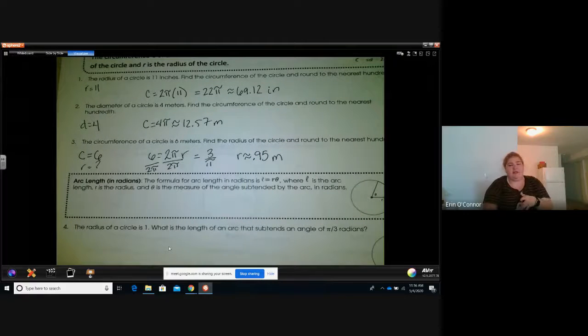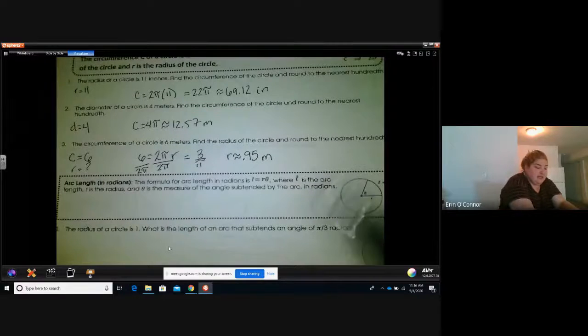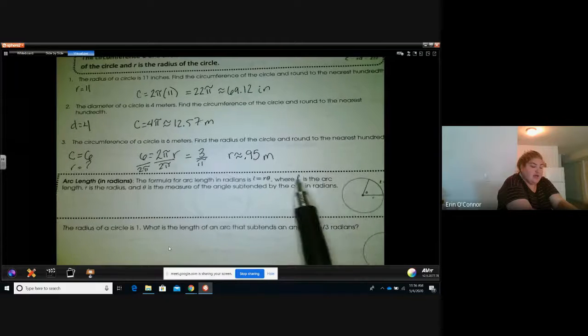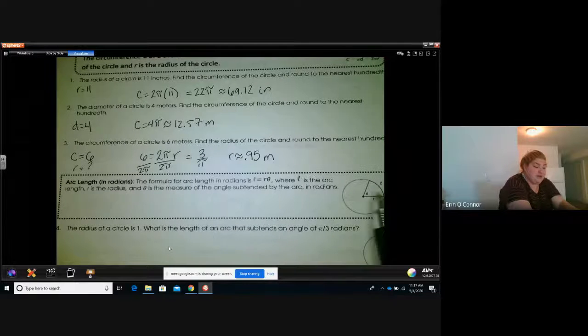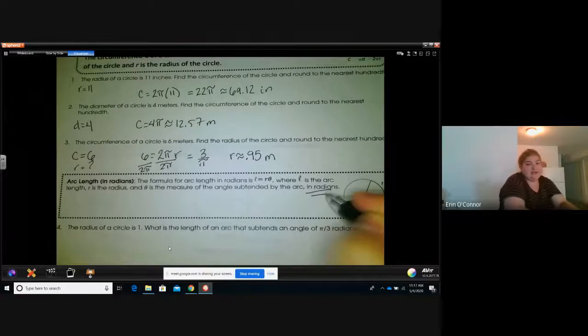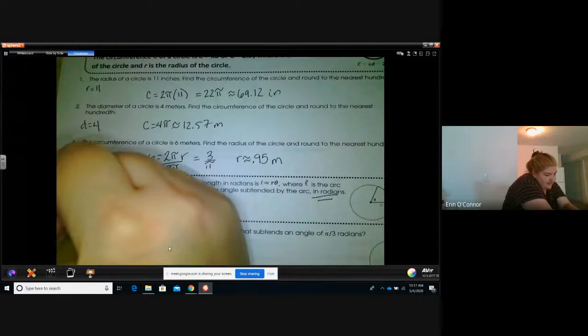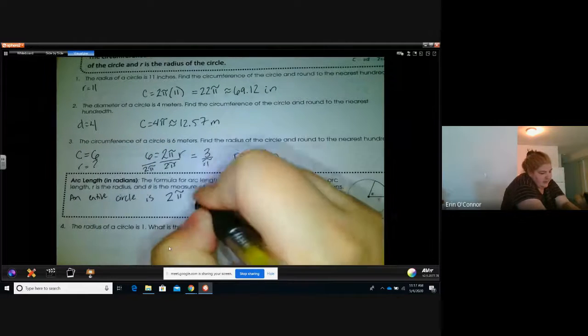So I know you've probably done circumference before, but I just wanted to review that. Now, arc length in radians. The formula for arc length in radians is the length, or L, is equal to radius times theta, or our angle. Now, L is the arc length, r is the radius, and theta is the measure of the angle subtended by the arc in radians. It has to be in radians. Now, an entire circle is 2 pi.